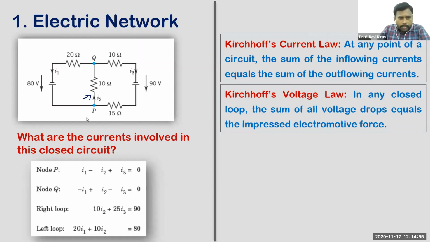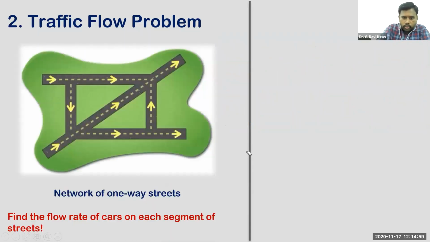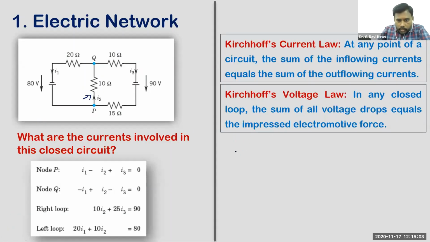Keeping these laws in view, I'm trying to find the currents at different locations in the circuit. Let me observe node P. There are two nodes here, P and Q. Using Kirchhoff's current law at node P, see what currents are moving towards P. I1 is moving towards P, and across this resistor, I3 is also moving towards P. So I1 plus I3 is equal to the current moving out of P, which is I2.